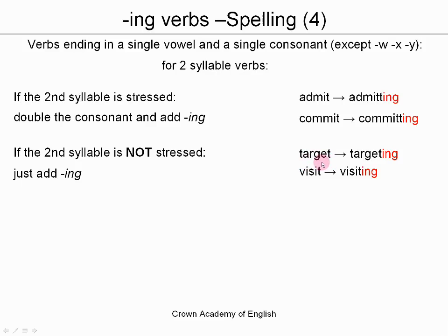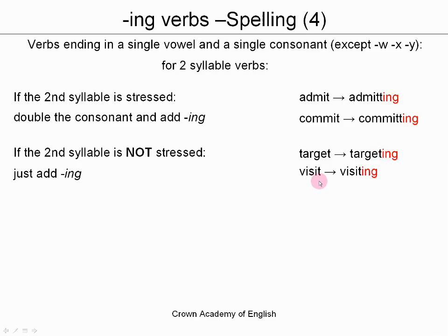We say, I target. We don't say target. We say target. So the second syllable is not stressed. It is the first syllable. So we just add ing. We do not double the consonant.